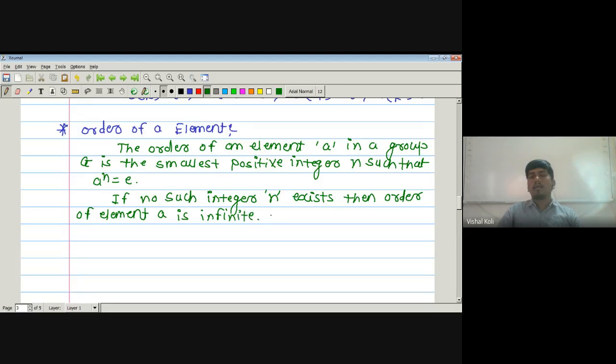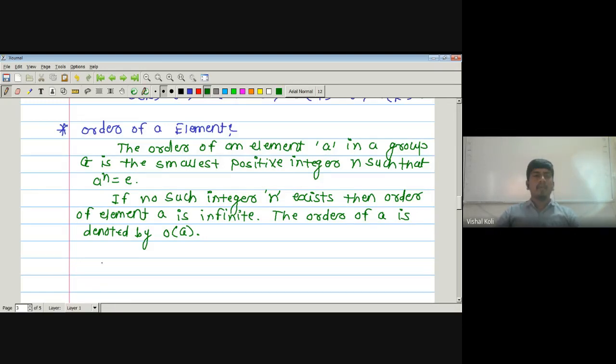The order of element a is denoted by O(a). So the order of any element in a group G is nothing but the smallest positive integer n such that a to the power n equals e.